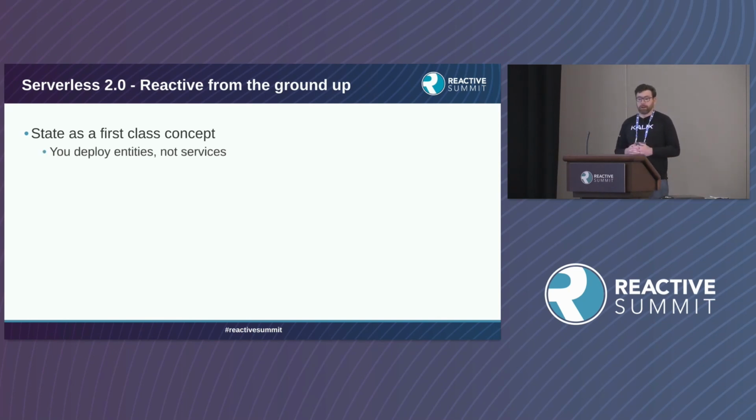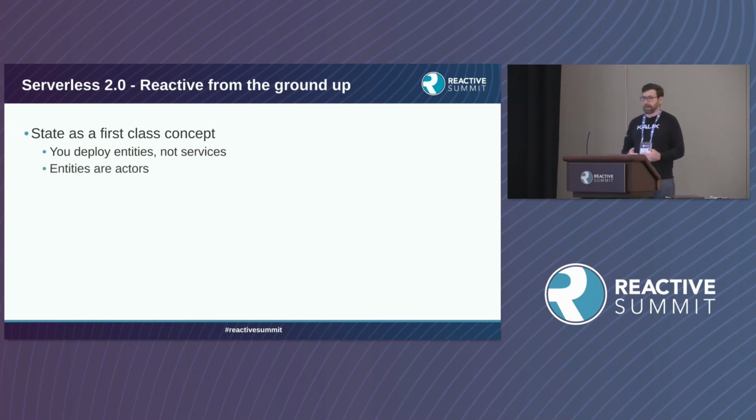So in a reactive serverless platform, you think of it as deploying entities, not services. Okay, so underneath you're still deploying something that runs on a server somewhere. I mean, serverless doesn't mean there's no servers. It means you're not thinking of it in terms of servers. And in the same way, you're not thinking of it in terms of services that are communicating with each other. You're thinking of it in terms of entities that you are deploying. So these stateful things that have state.